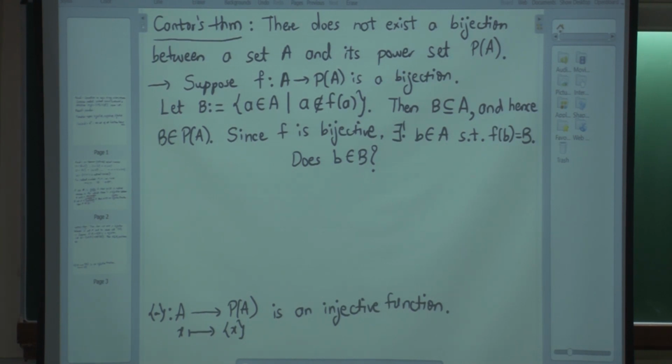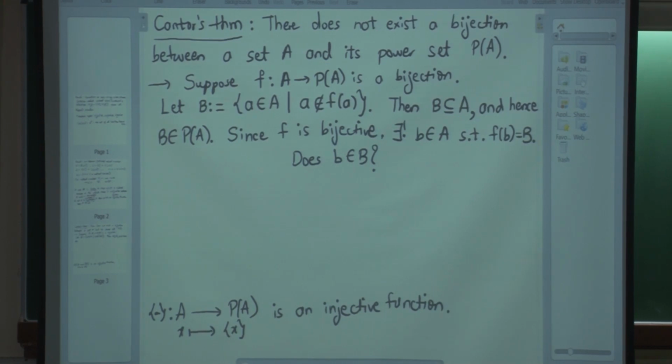A cannot belong to f of A. So if B belongs to B, then B has to satisfy this property, that B cannot belong to f of B. And if B doesn't belong to f of B, then by definition of capital B, it must belong to B. Same thing that we did yesterday, and this is a contradiction which proves that there cannot exist a surjective function. Okay, so I will just write it down.